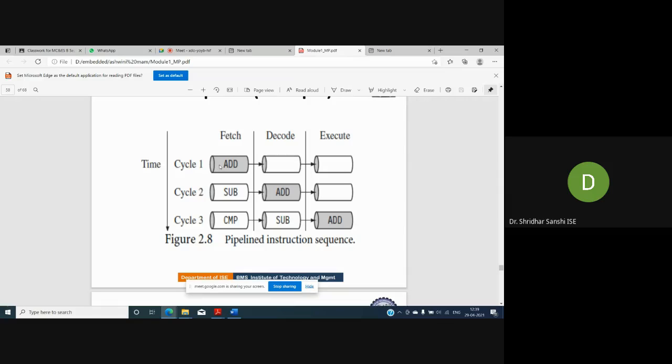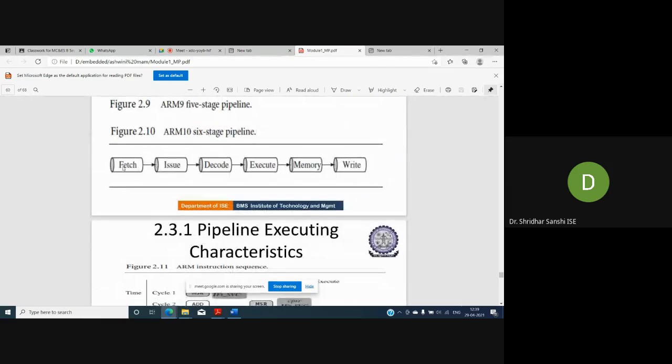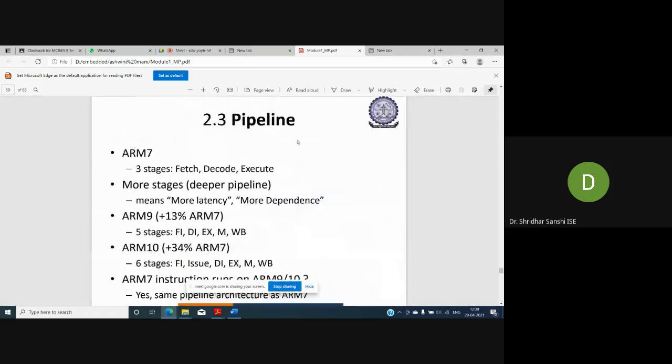So there is a latency from the time it entered execution and the time it finished. If we increase the size of the pipeline, for example with ARM10 which has 6 stages, that latency will be more. So as we increase the size of the pipeline, the latency will be more. That is one disadvantage of using a pipeline.